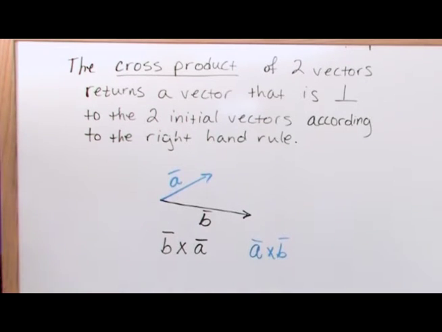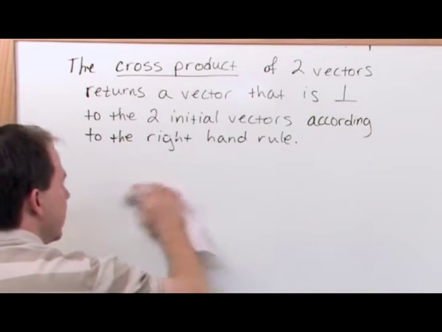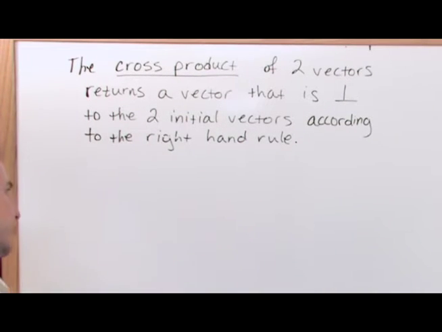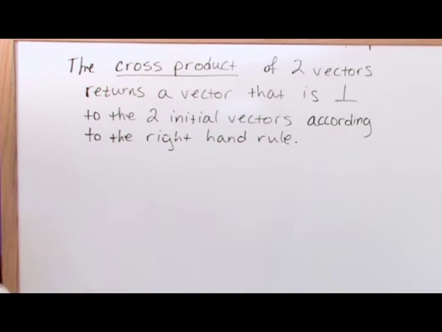Okay, so how do you calculate the magnitude of that cross product? We've talked about the direction. It's perpendicular to the two initial vectors according to the right-hand rule. How do you calculate the magnitude of that vector?